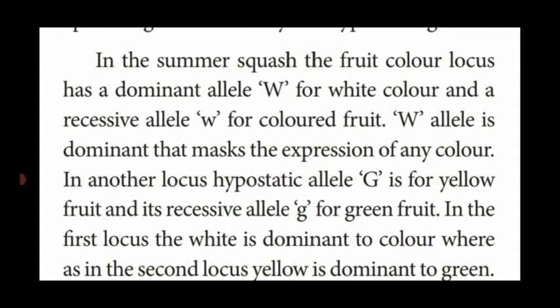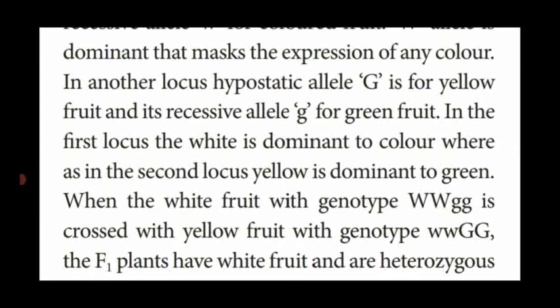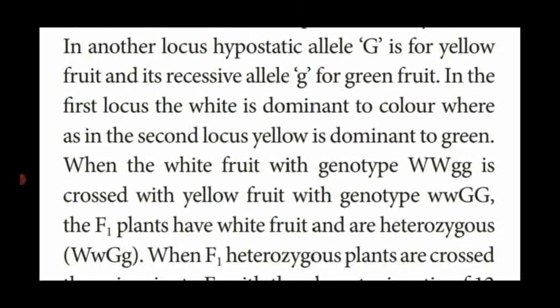Okay. So when we go to the next locus, the other locus with a pair of alleles in a gene, one of them is the hypostatic allele. What is hypostatic? A non-allelic gene which is suppressed in the expression of the phenotypic character. That is called a hypostatic gene, isn't it?